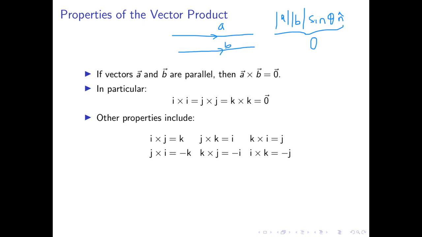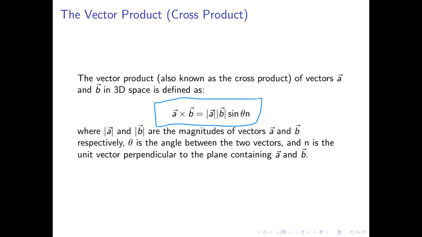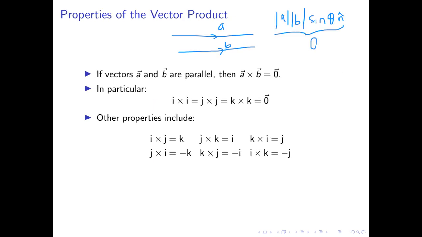And in most cases, we say these are your n, or the unit vector that is perpendicular to the plane which contains your A and B, which contains both vectors. So you can also have all of these properties. Please study it.